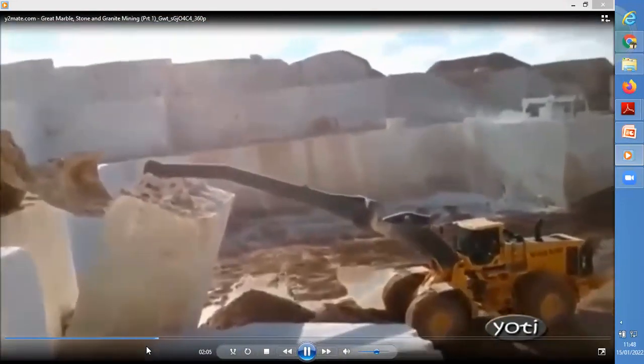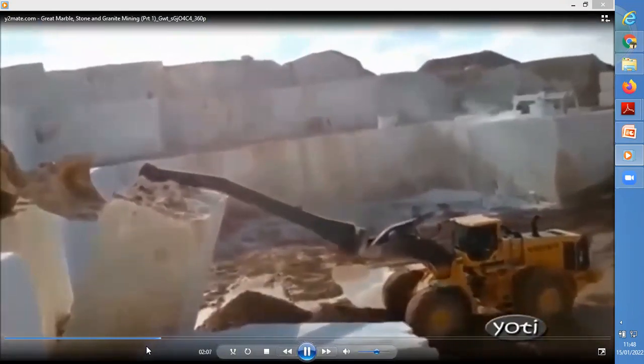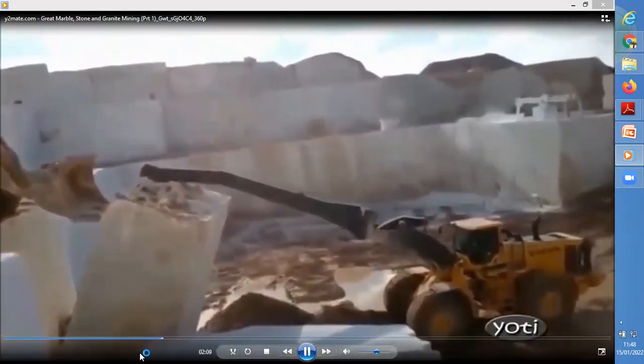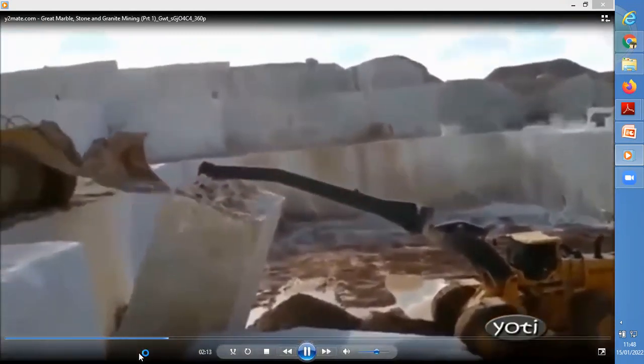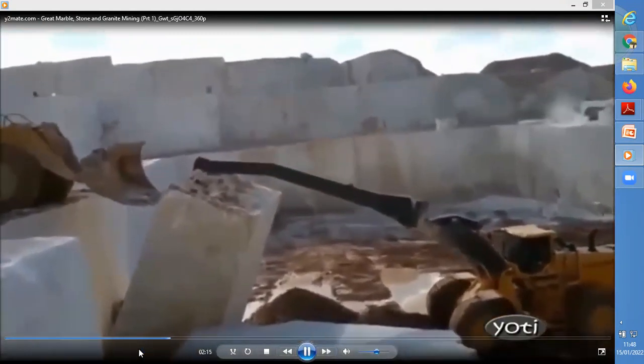In the marble also various joints are present, and with the help of the joints, without blasting, we can separate the blocks from each other.